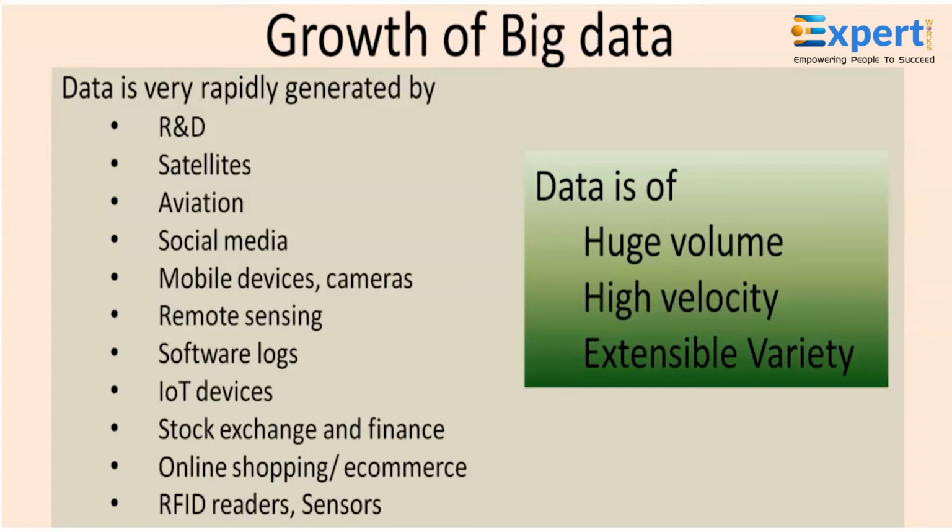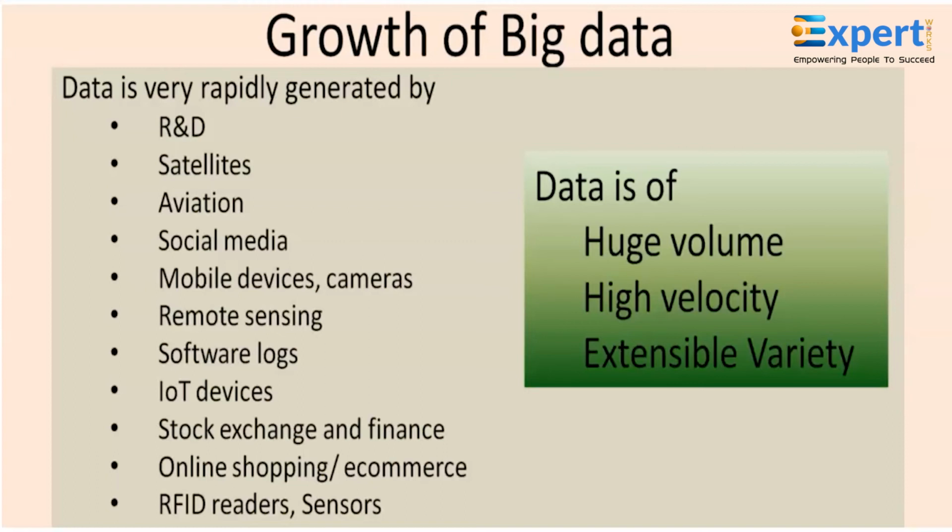While we are texting someone, we are receiving a call, we are generating data, remote sensing, software logs, Internet of Things, smartwatches. These also produce a lot of data. Then stock exchange and finances. Well, here data is getting produced every second. Every second there's either an up or down in the market. Something has changed, so the data has also changed.